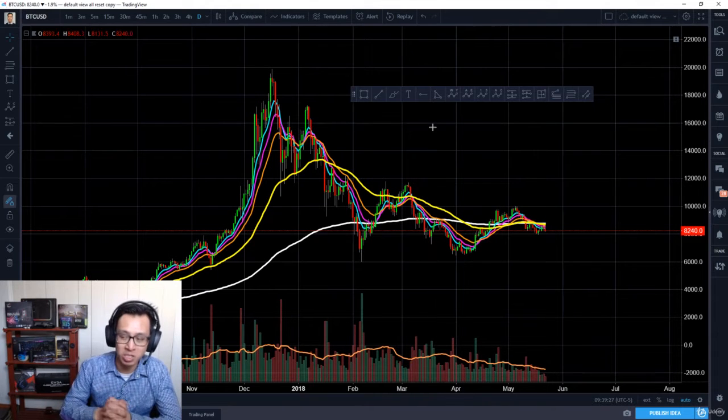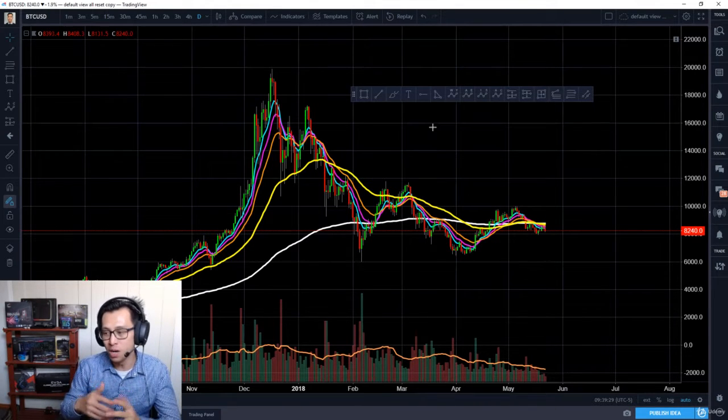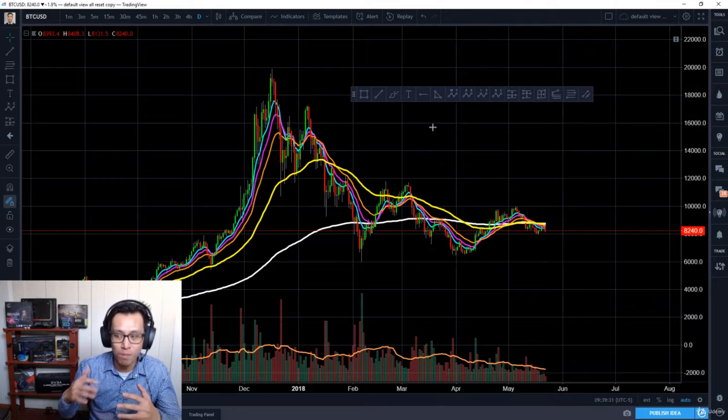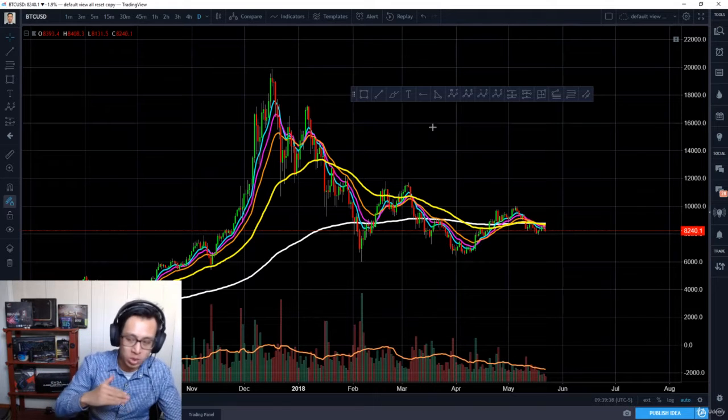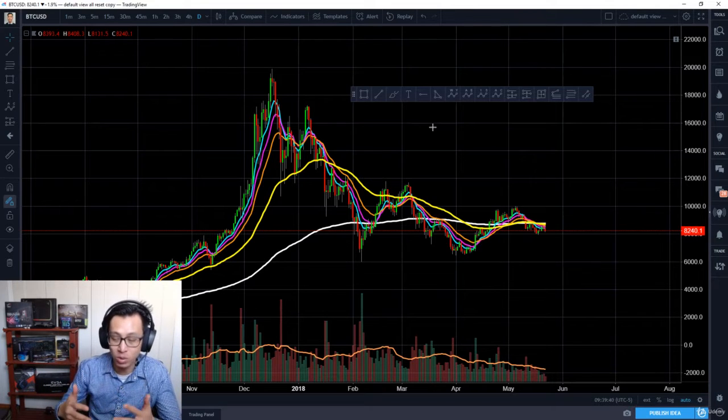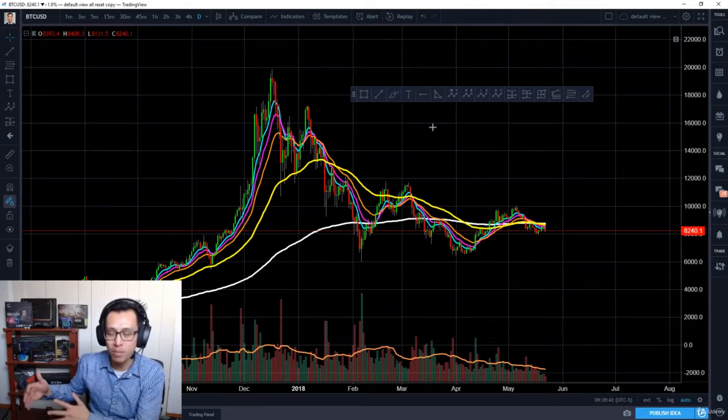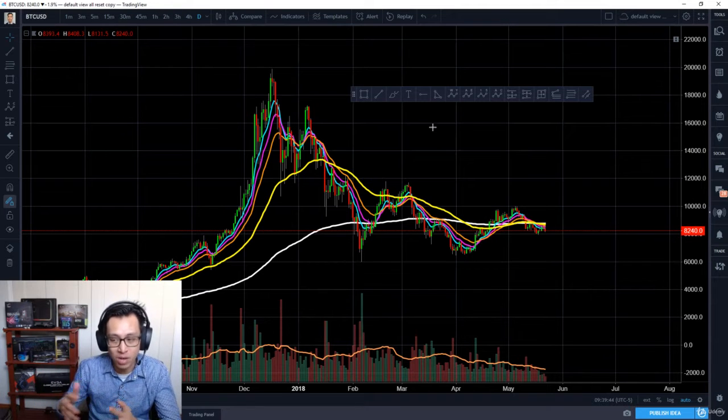So what is Fibonacci retracement? Fibonacci retracement is a method where you take the most extreme points of lows and highs, or highs and lows, and you're using a sequence of numbers from the Fibonacci set of numbers. The Fibonacci sequence gives you a specific ratio.